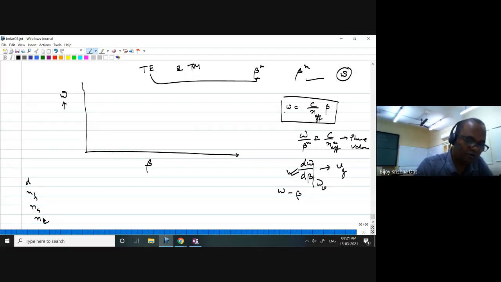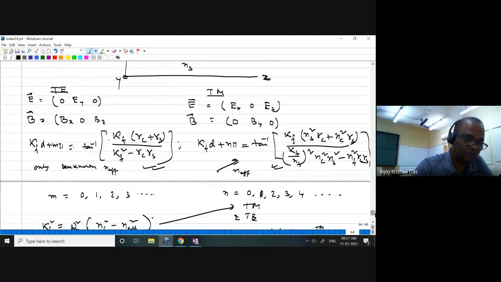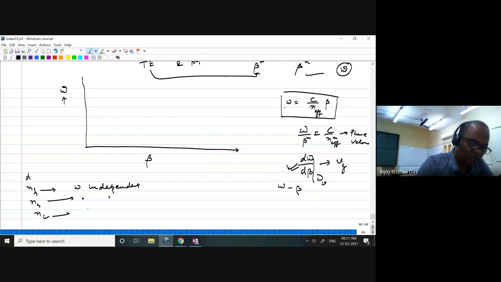So can I plot omega beta from our earlier dispersion equation I have solved? Yes, sir. You can solve, right? And I will be just giving you some pictorial sketch of how it will look. For that purpose, we will be considering this one omega independent, this one also omega independent, NC also omega independent. Do you know what that means?